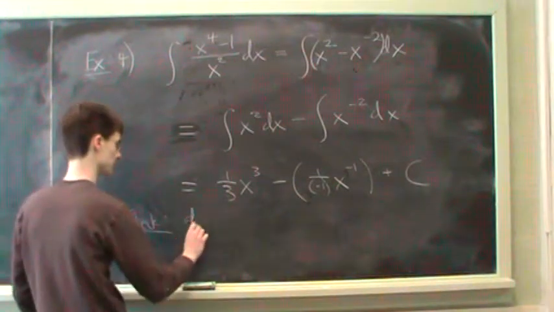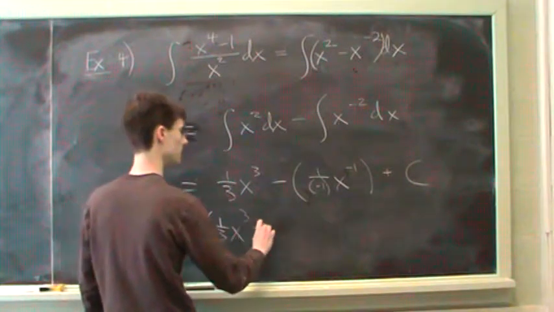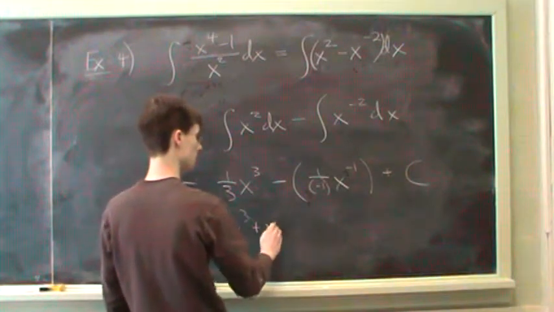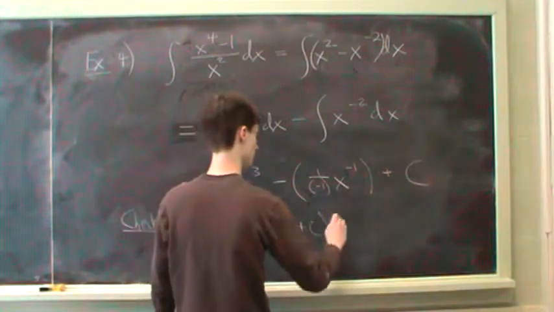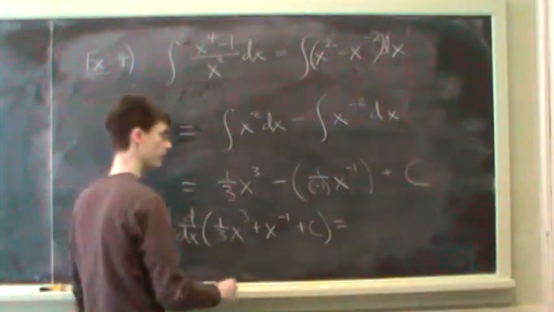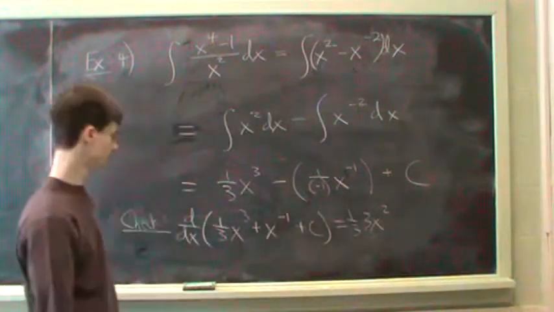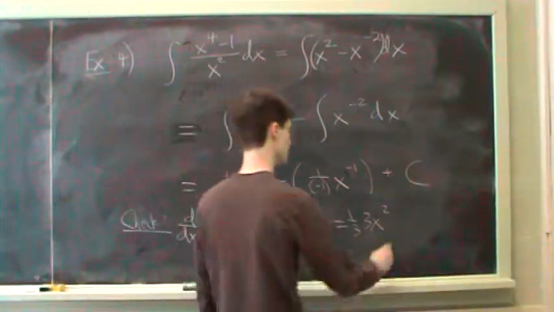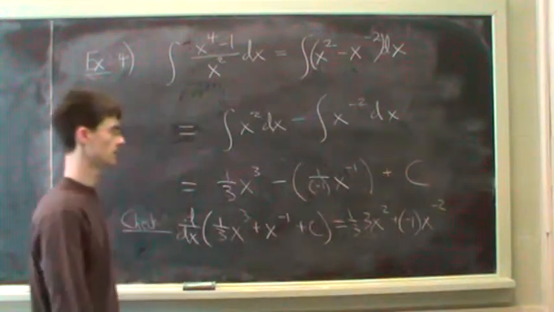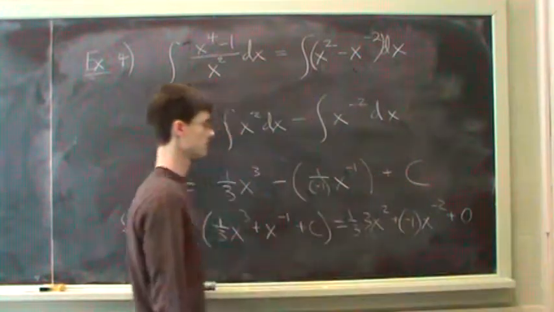So in this case, derivative with respect to x, 1/3 x cubed. This will cancel to just be plus 1, so we get plus x to the negative 1 plus c. The derivative of that will be 1/3 times 3 times x squared plus negative 1 times x to the negative 2 from the power rule for differentiation plus 0.